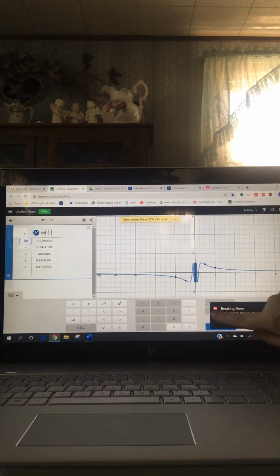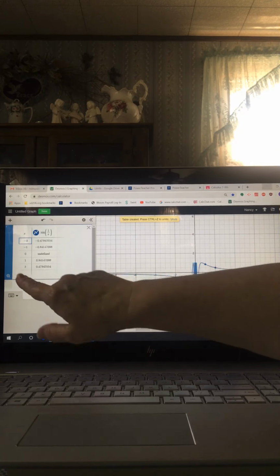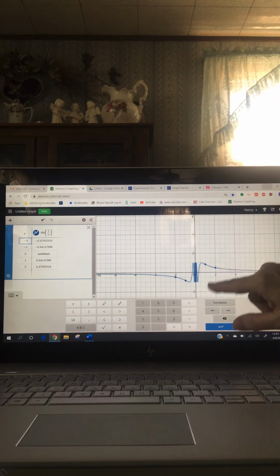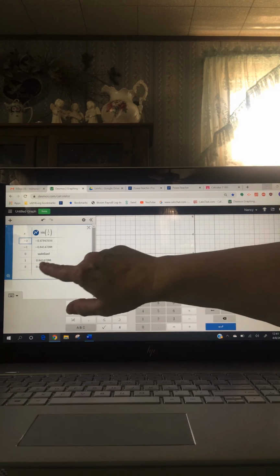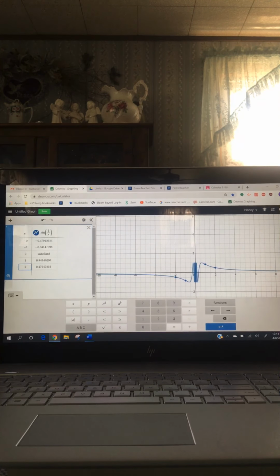So I'm going to pick a table. Okay, and so you can see here's the points. They're nice and continuous here, but in here it's going to be a mess. This is a continuous graph, by the way, so it seems. It is right in here, but right in there, not so much. So let's see what's going on.